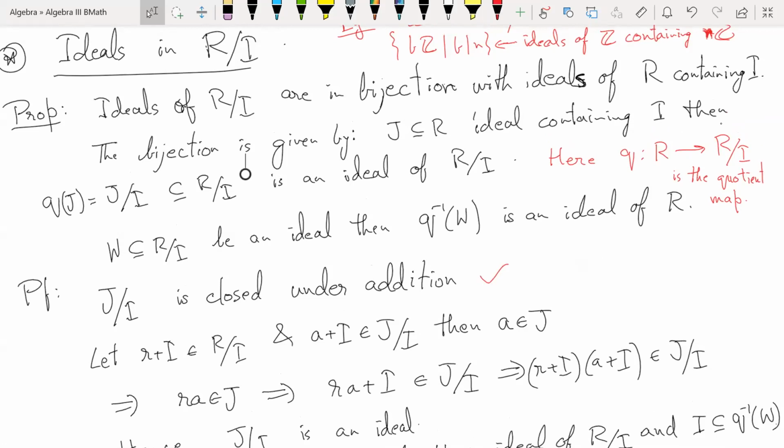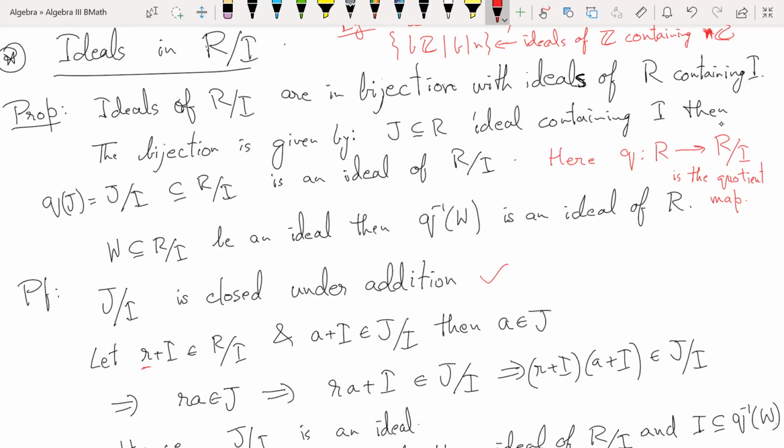That means that a belongs to J. That is what precisely means that a plus I belongs to J mod I. J mod I by definition consists of cosets whose representatives are in J. And little r is some element of R. So these two together imply that ra belongs to J, because a belongs to J and r is an element of the ring, and J is an ideal.